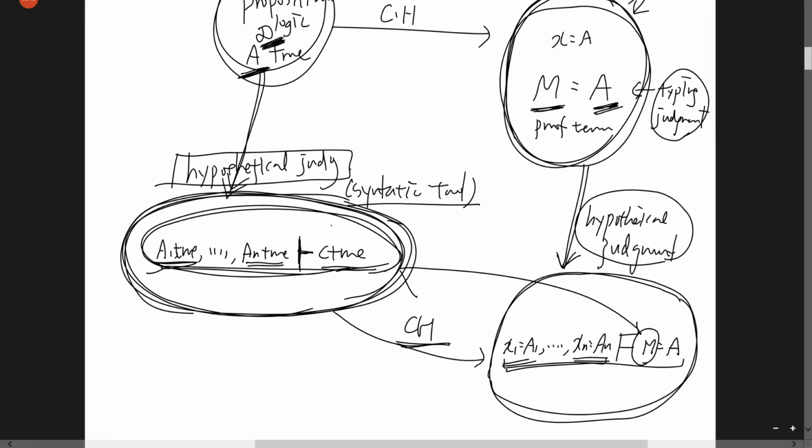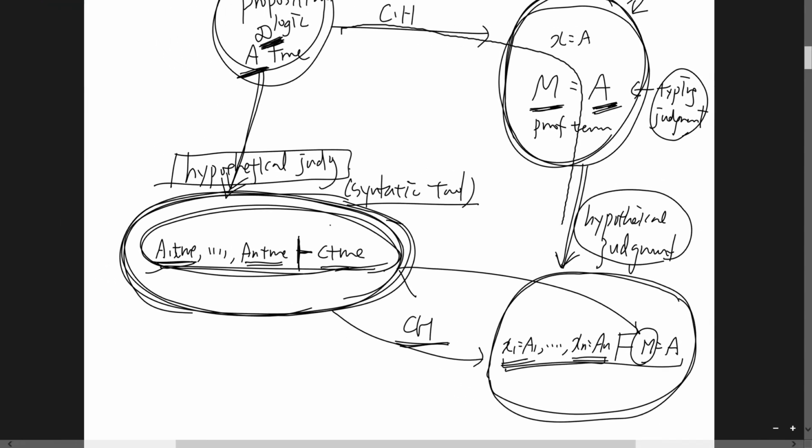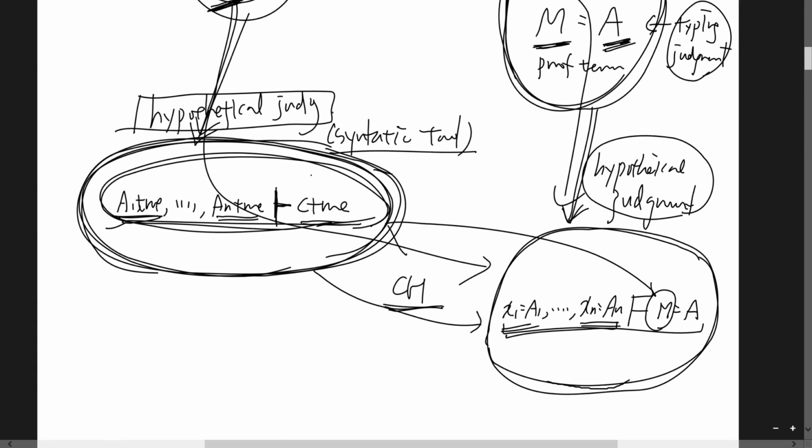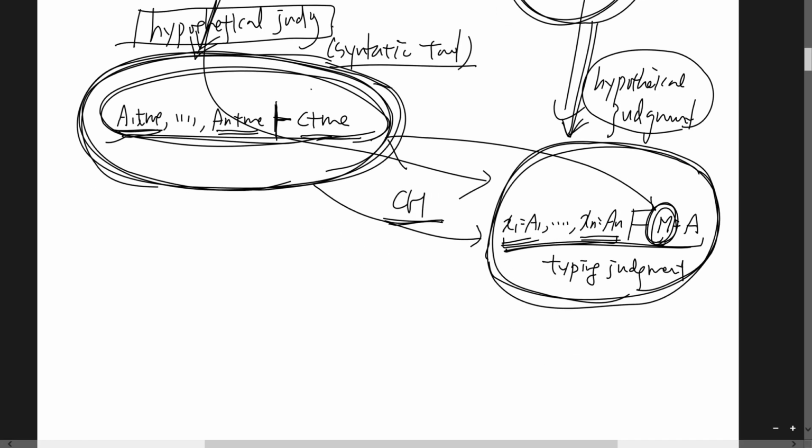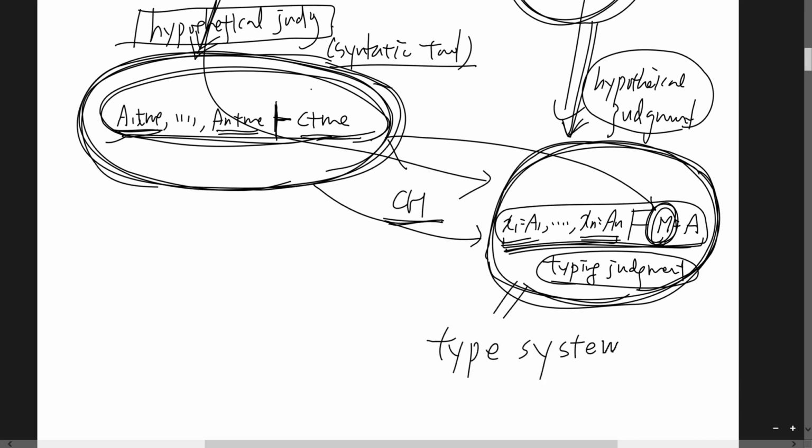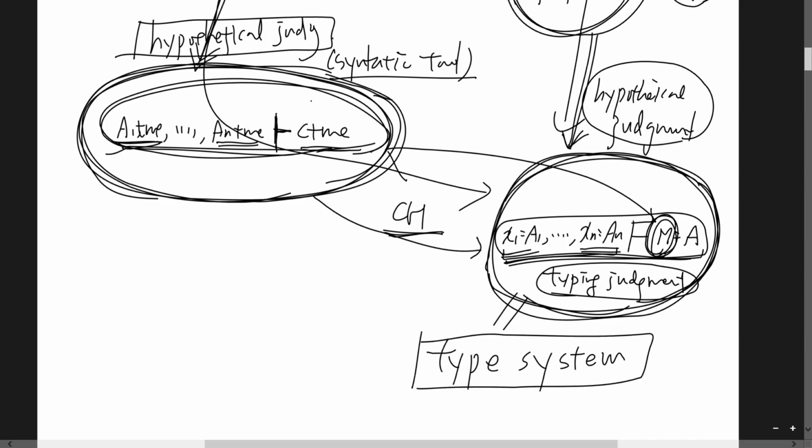So it turns out that either you can take this path or this path, but always you end up with the same system, which uses the familiar typing judgment for this language. And the proof terms are from simply typed lambda calculus. So now we have inference rules for typing judgment of this form. So we have a type system. So our journey goes like this.